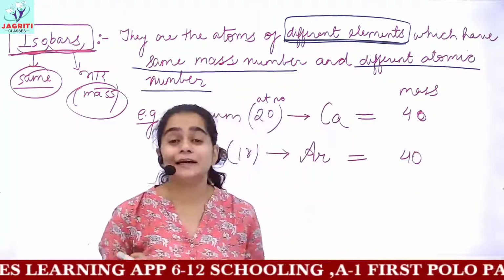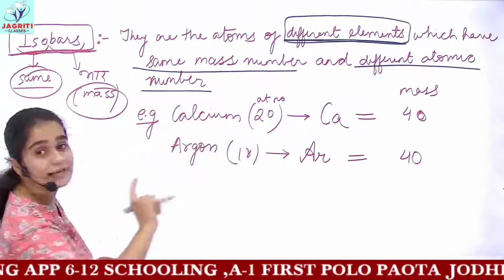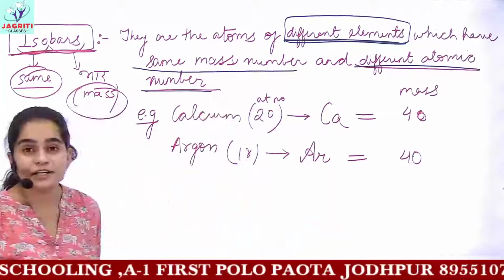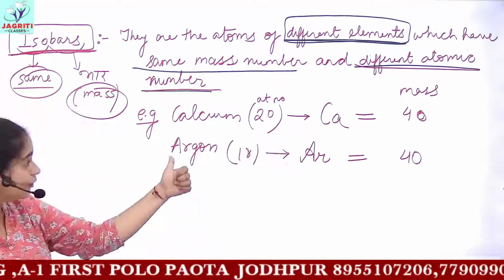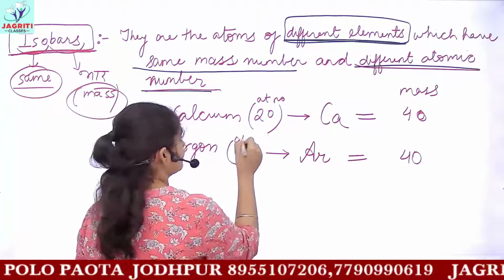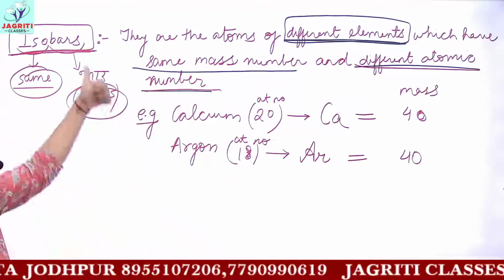Then where does the difference lie? The difference lies in their atomic number. Okay? The difference is only in their atomic number. That is, the atomic number of calcium is 20, whereas the atomic number of argon is 18. Now this example clarifies the concept of isobars.